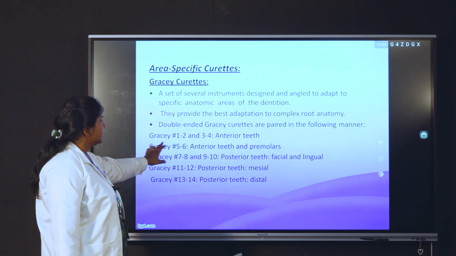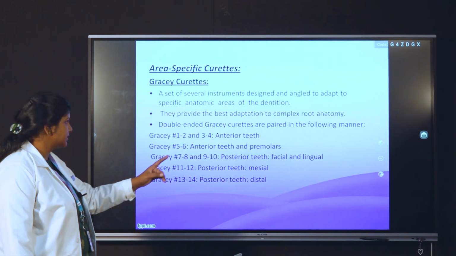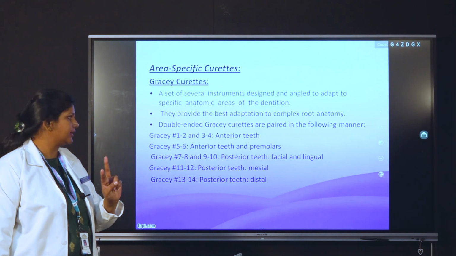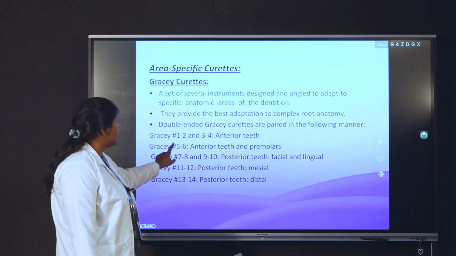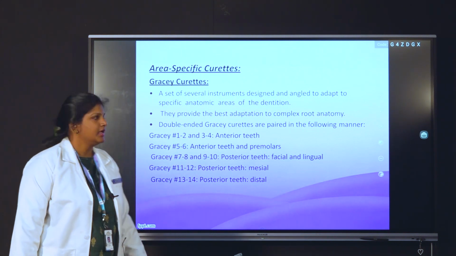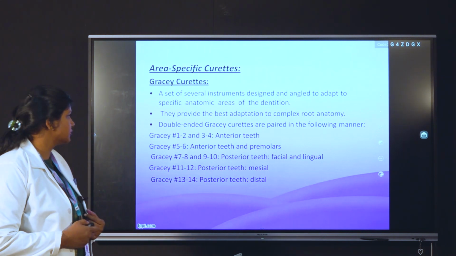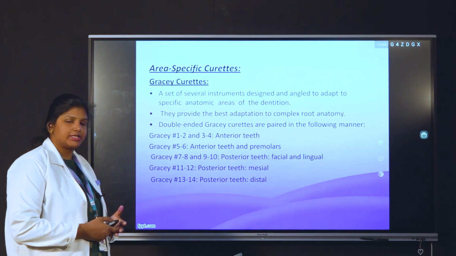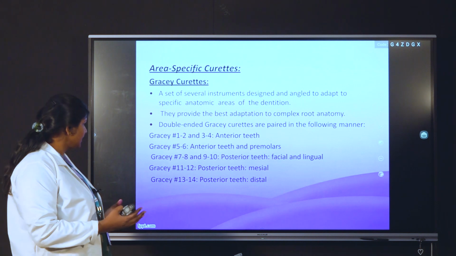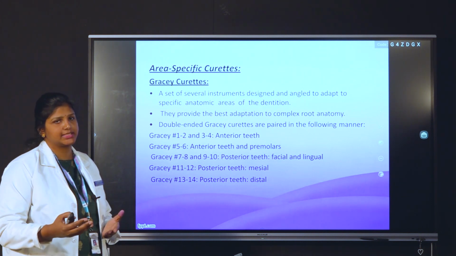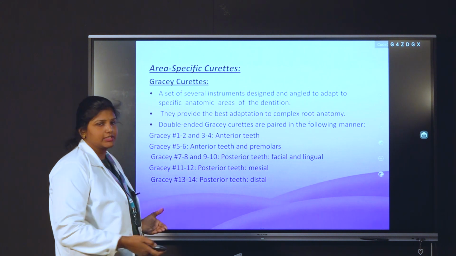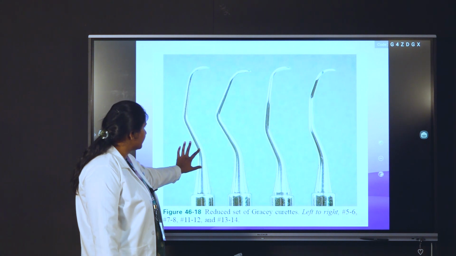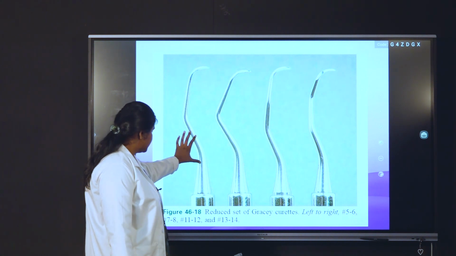So we have Gracey 1 to 14, and each one is a two-ended instrument. 1, 2, 3 and 4 are used in the anteriors, and 5 and 6 are used for anterior teeth and premolars. 7, 8, 9, 10 are used for the posterior teeth, facial and lingual side, whereas 11, 12 are used on the posterior teeth mesial side, and 13, 14 are used on the posterior teeth distal side. So these are the Gracey curettes. This is 5 and 6 for anteriors and premolars.